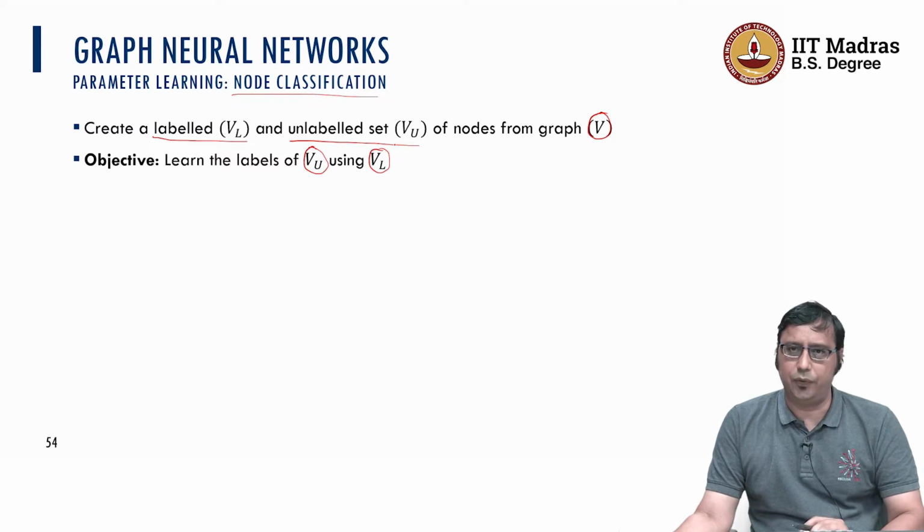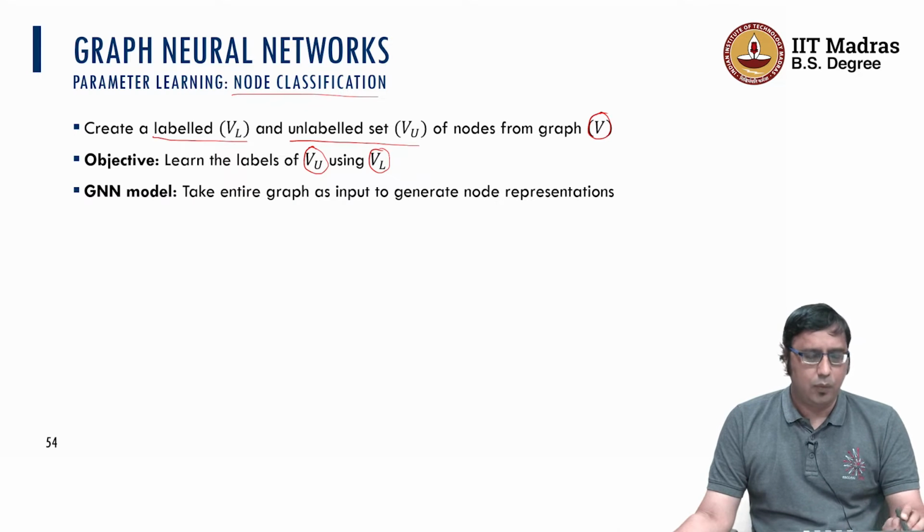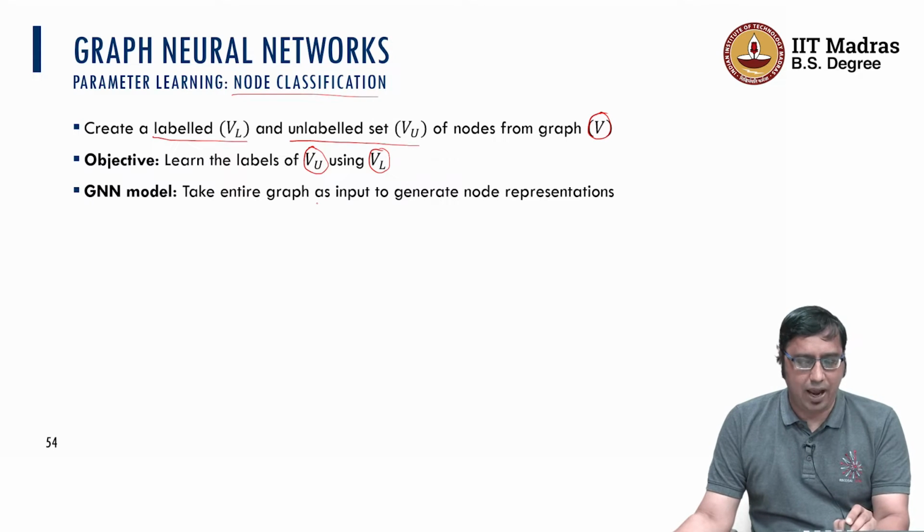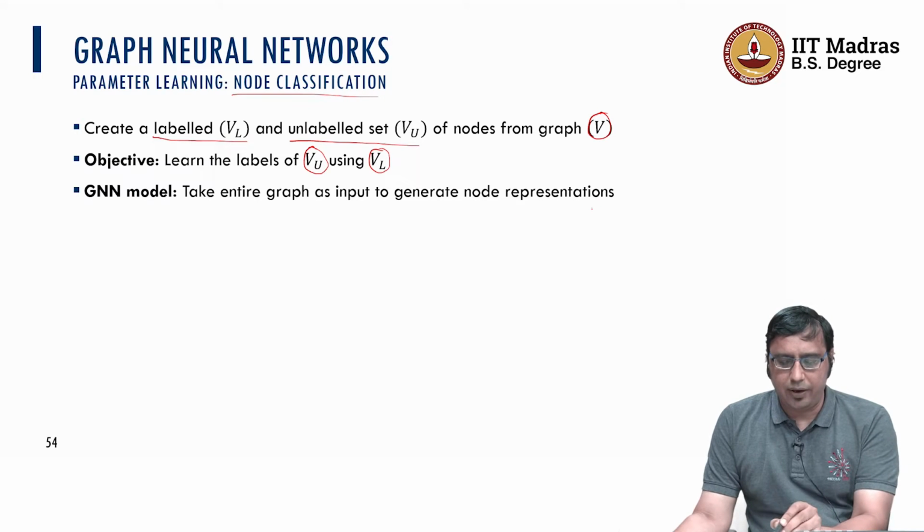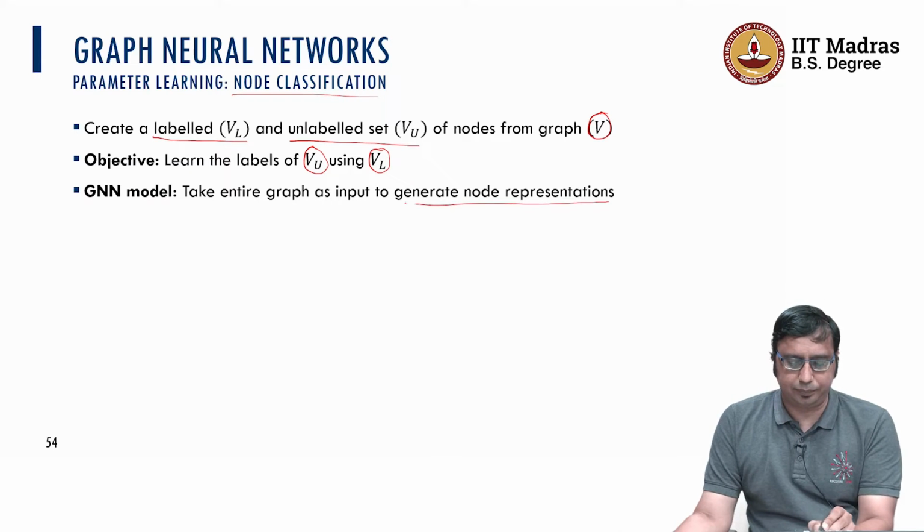I have this information. What we are going to do is develop a graph neural network model which takes the entire graph as an input and generates the node representation.